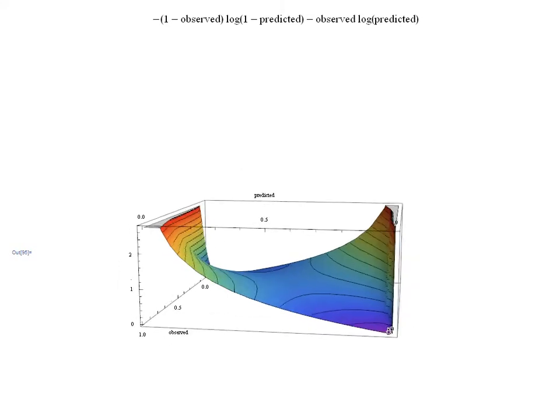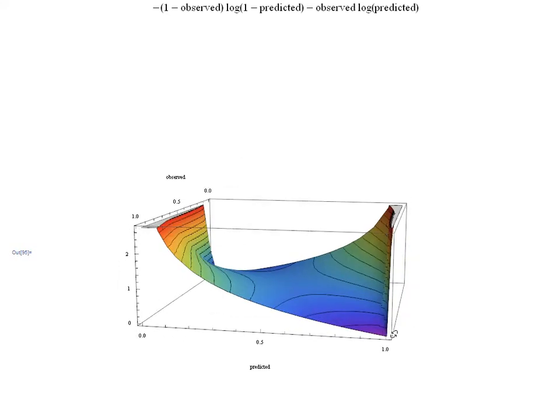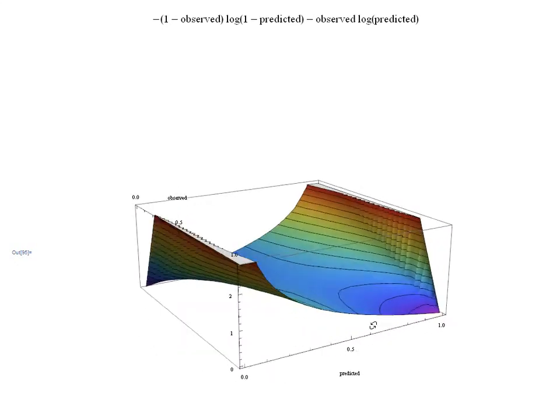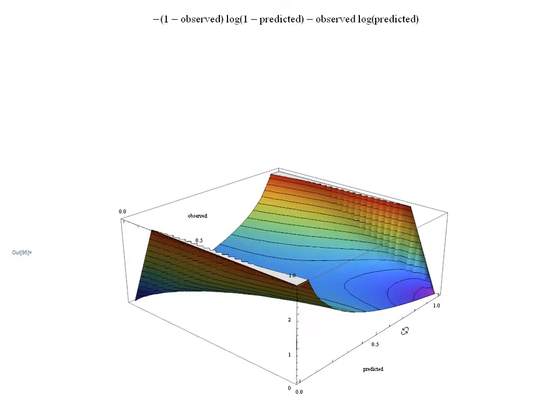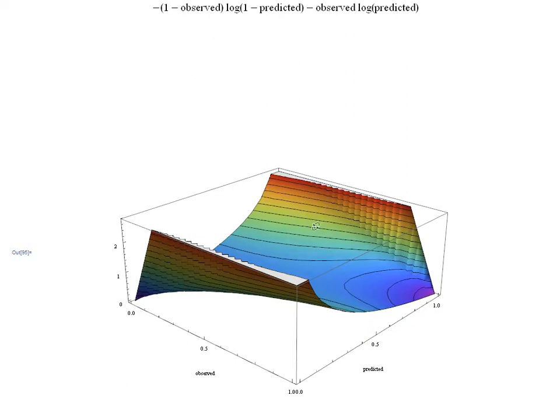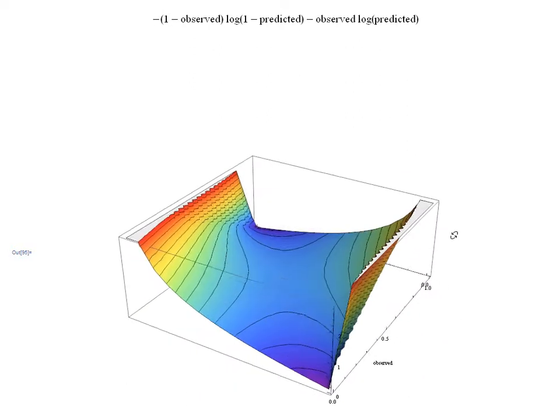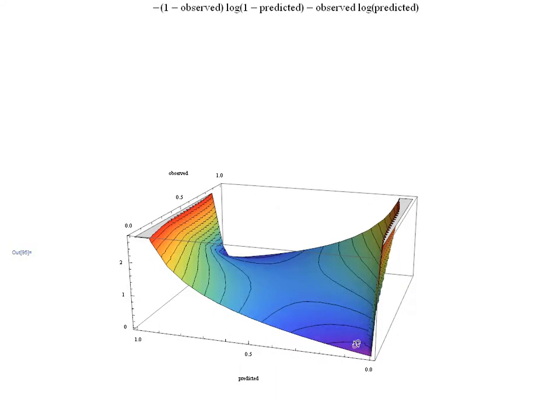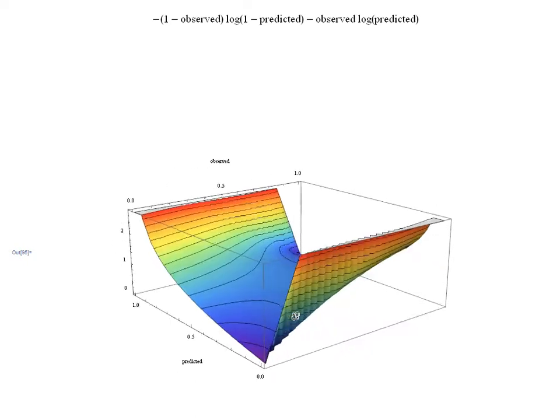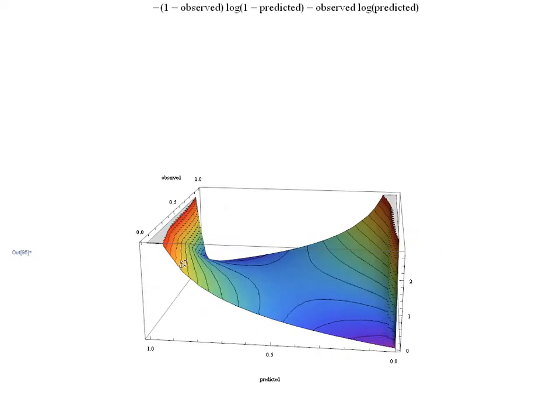But the opposite is interesting, because if you predict, let's say, a win, but in fact observed was a loss, well, you can see this curve as it goes up here. Let me turn it around here. It goes up to infinity and beyond, as they say.